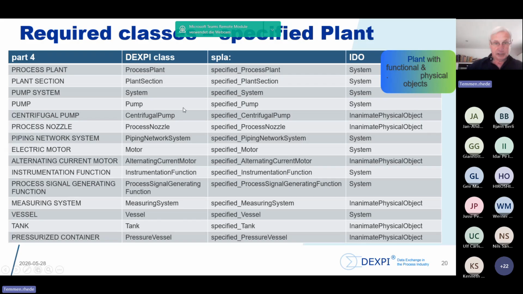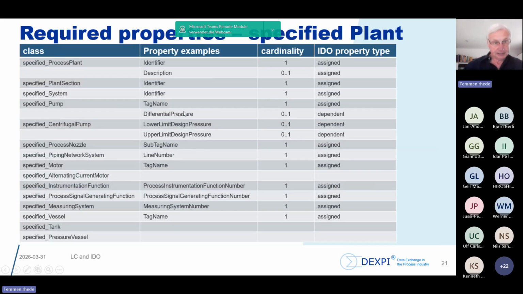And for the specified pump, I will show some modeling patterns, and the modeling patterns are based on the required properties for the specified plant, and we will have a look at how they are modeled. First of all, we will have a look at an identifier, and the other thing, in more detail, is how the differential pressure is modeled as a property of a specified pump.